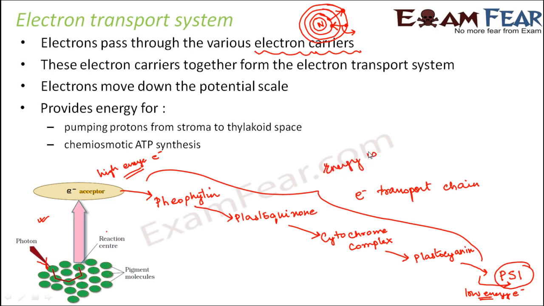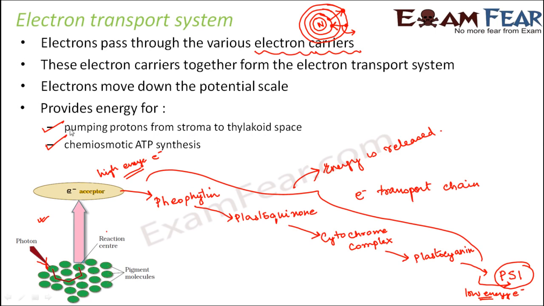So energy is released during this series of electron transport chain, and this energy which is released is used for chemiosmotic ATP synthesis. That is, this energy will be used to synthesize ATP, and it will also be used to pump protons from the stroma to the thylakoid space.